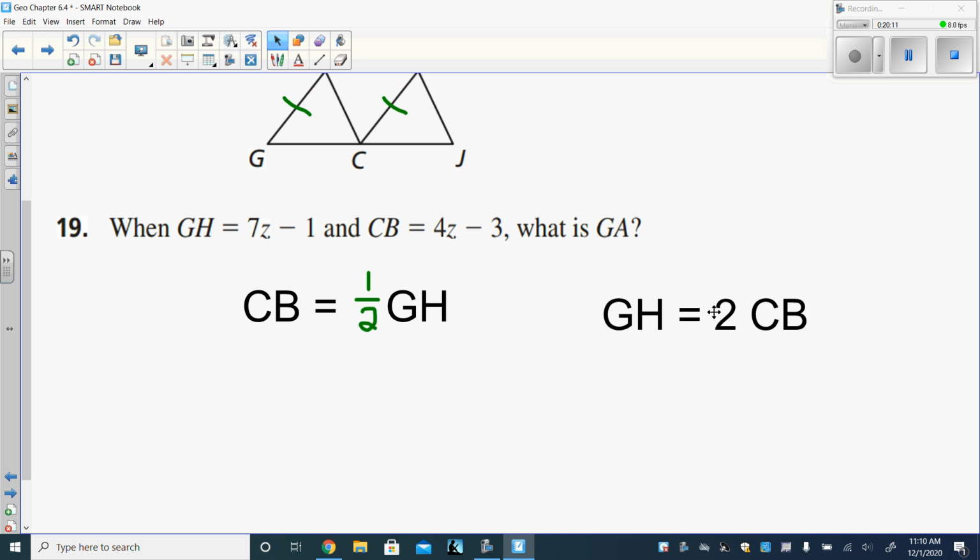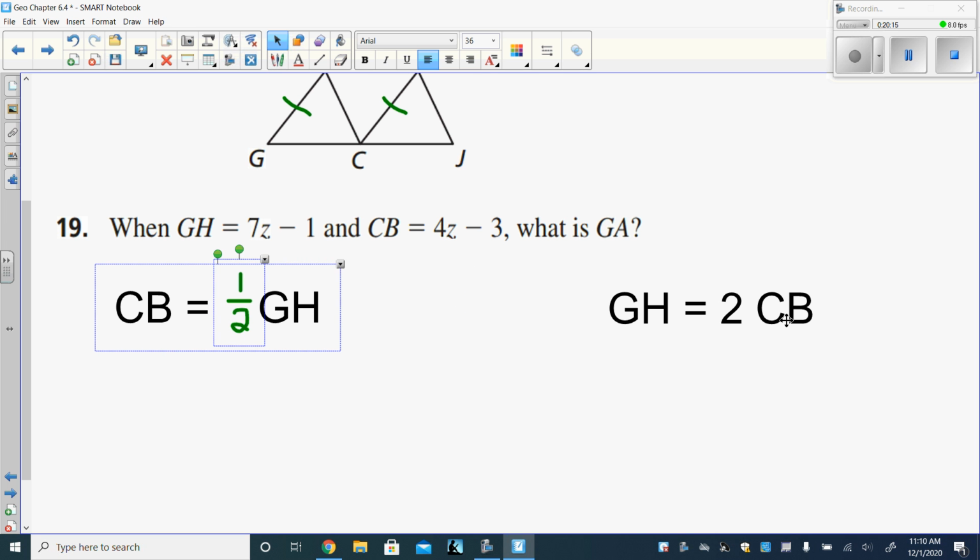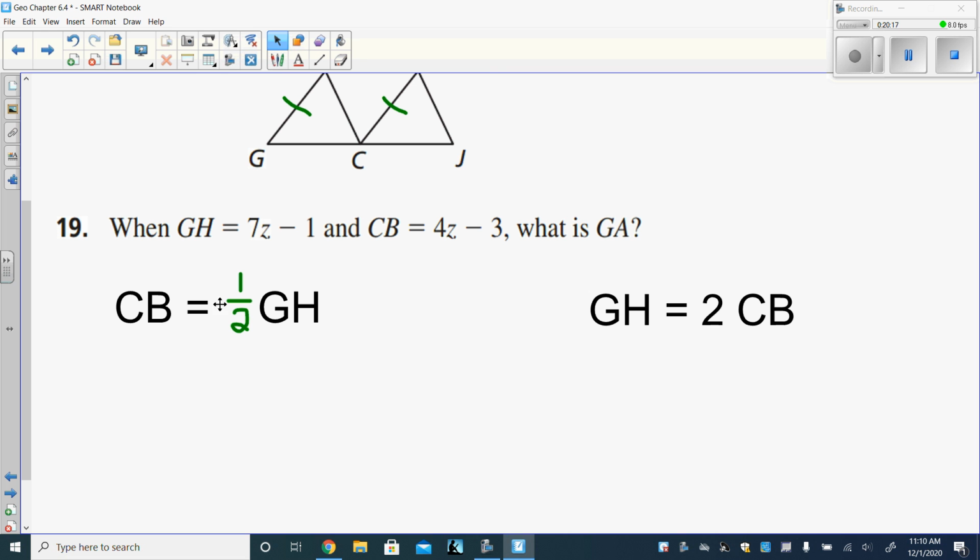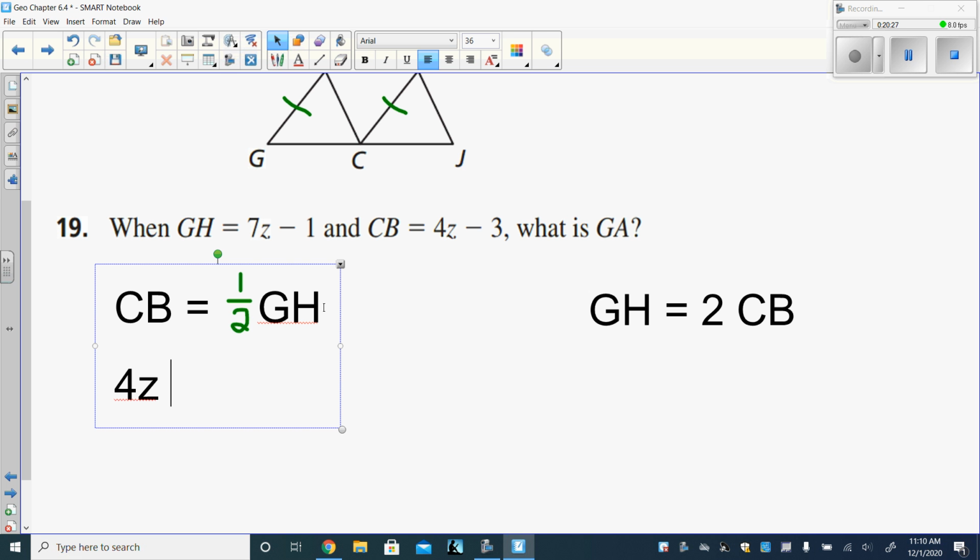Now, I bring this up because this one here is actually going to be easier to use, not this one here. It's not going to be as easy to use this here because, let's look at it. Let's go one step and actually see this. 4z minus 3 would equal 1/2 of 7z minus 1.